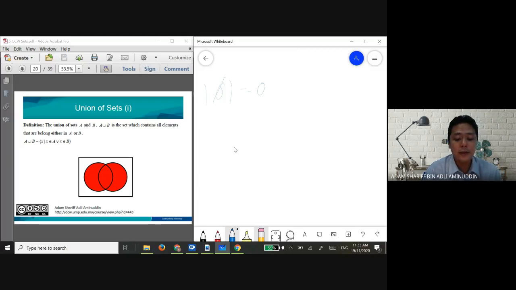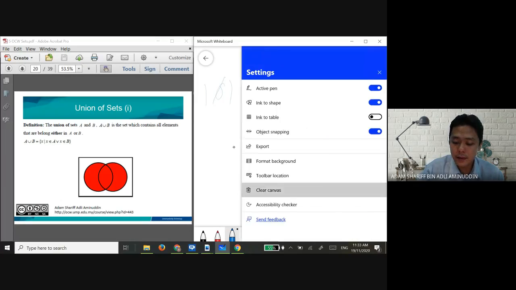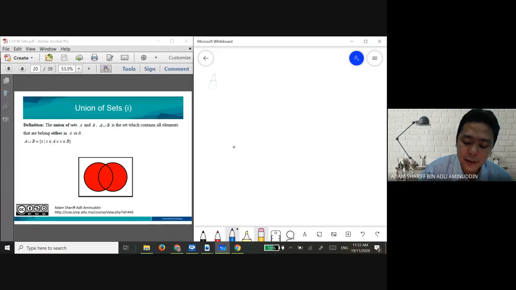Union, it can be either in A or B. I will show a very simple example first for you to recall back. Suppose A is 2, 3, 5, 7, 11.